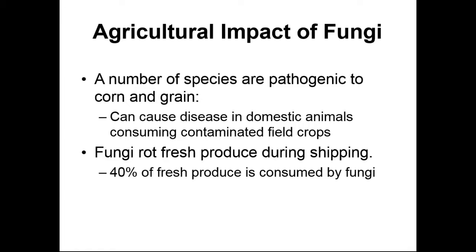If you go to the Hispanic section at larger grocery stores, you can actually find canned corn smut. They don't call it corn smut. I forget the Mexican name for it, but it's considered a delicacy and, as an aside, tastes kind of leathery to me. So some fungi can contaminate corn or other grain products, and if our livestock eat moldy corn or grain, they could get sick.